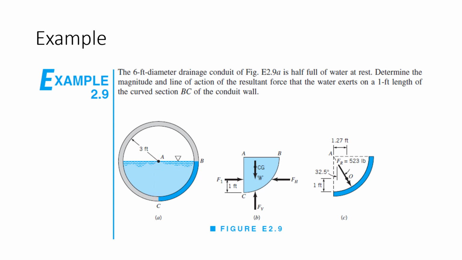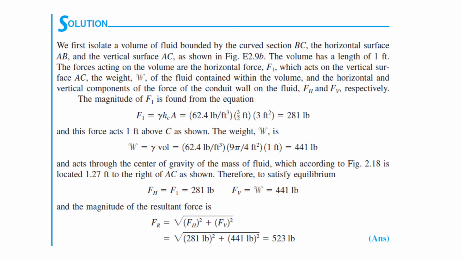So F1, the horizontal force, is equal to gamma times hc times area. Gamma is the specific gravity, hc is equal to the height of the centroid, which is equal to 3 by 2 feet, and area is equal to 3 feet square.